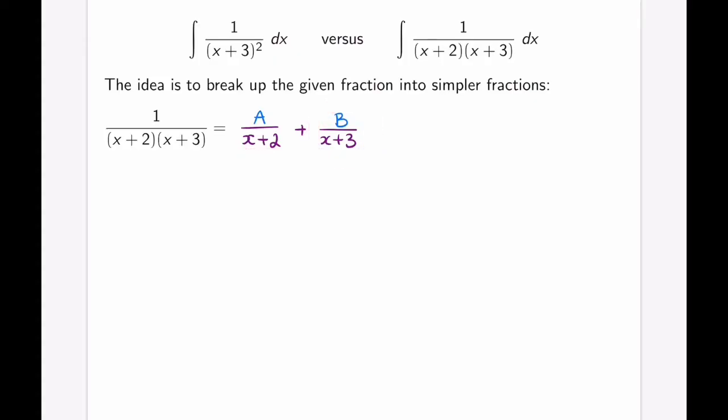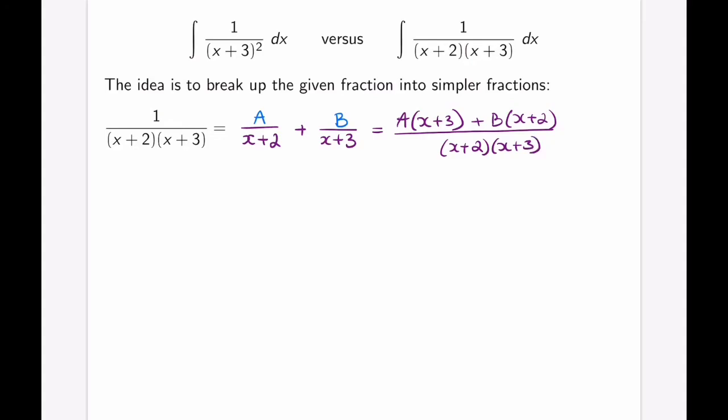So putting the common denominators together, I'm going to have A times (x plus 3) plus B times (x plus 2), all over (x plus 2) times (x plus 3).